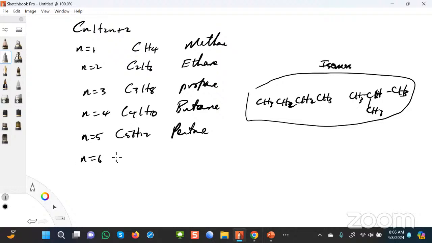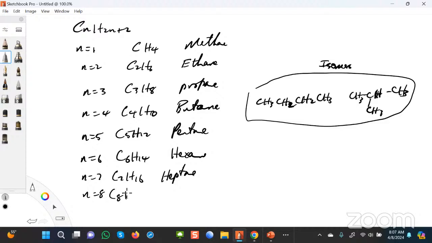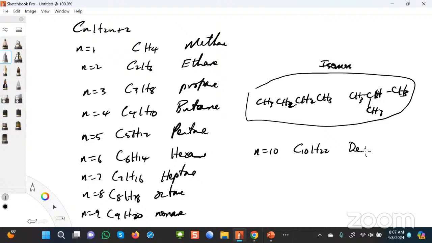If n is equal to 6, the formula would be C6H14, and this would be hexane. n equals 7, C7H16, and that would be heptane. n equals 8, C8H18, and the name would be octane. n equals 9, C9H20, and the name would be nonane. When n is equal to 10, the formula becomes C10H22, and the name here would be decane.